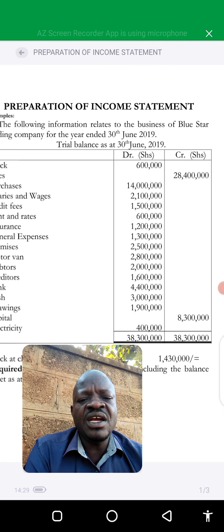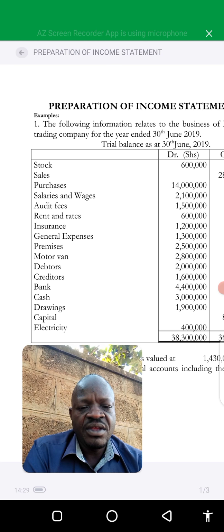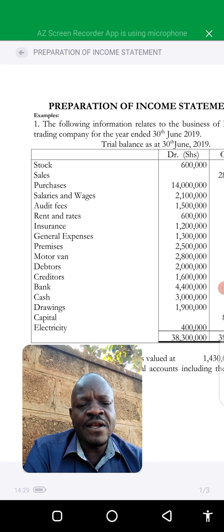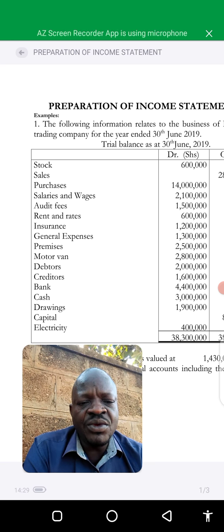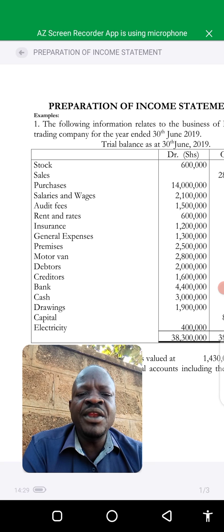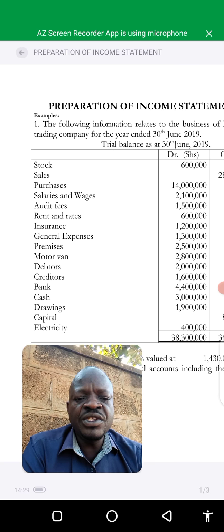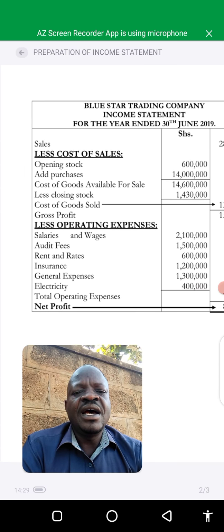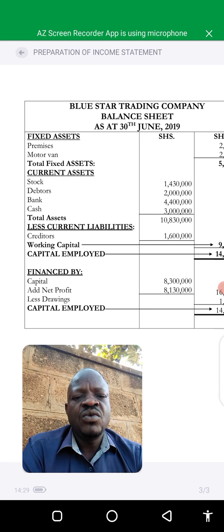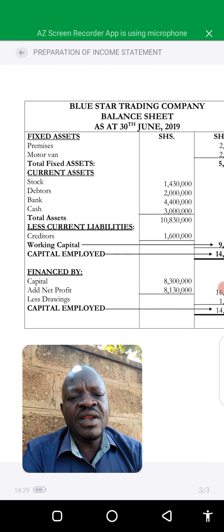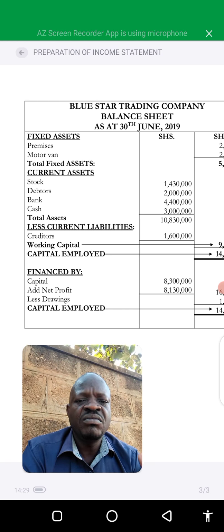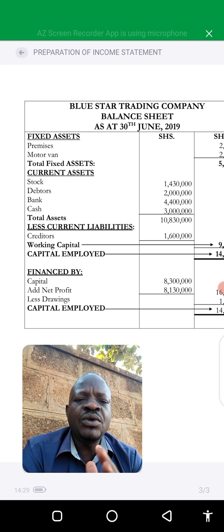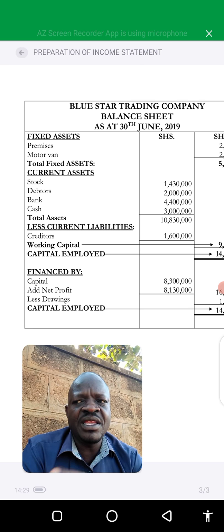And when you look at our question, you can see down here under adjustment, closing stock valued at 1,430,000 is what we are using, not that one which is up in the trial balance. We should put it there as 1,430,000. We are not putting it in the last column where we have fixed assets. No, we put it in the second column. I told you there are times when you are going to have 3 columns.